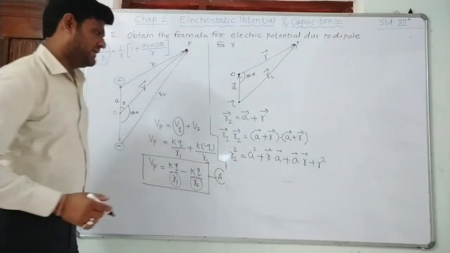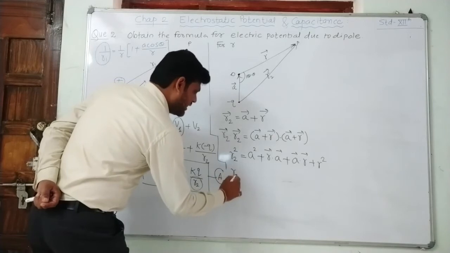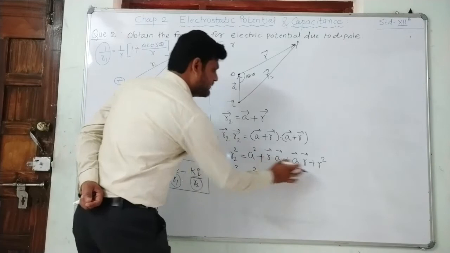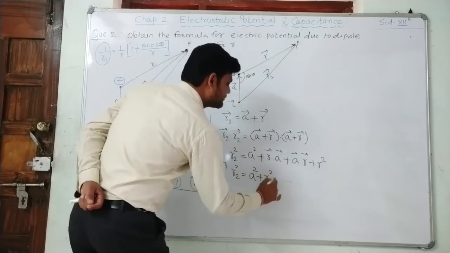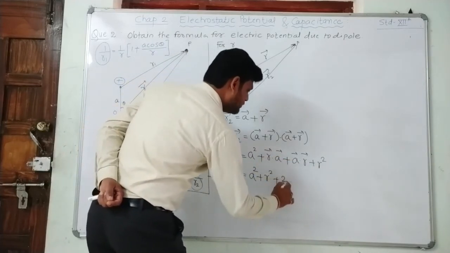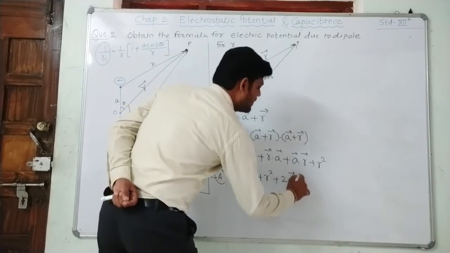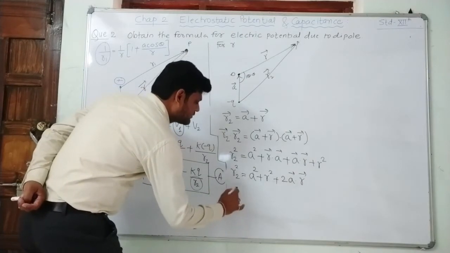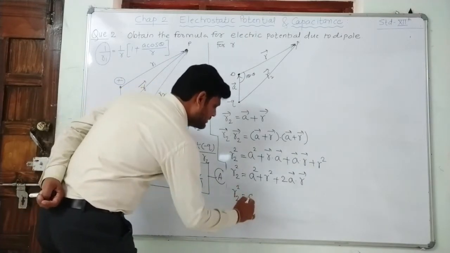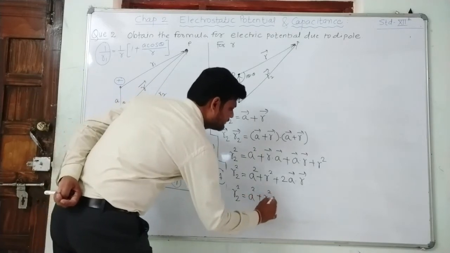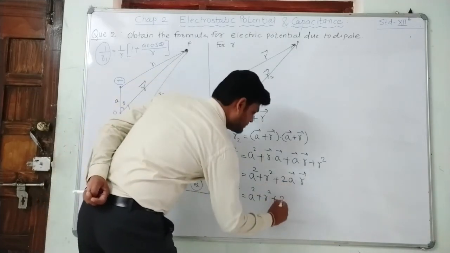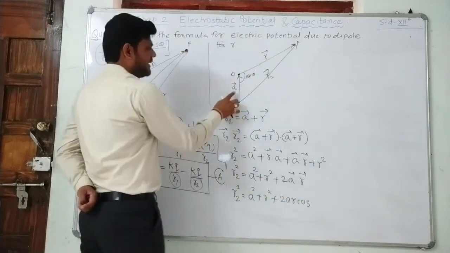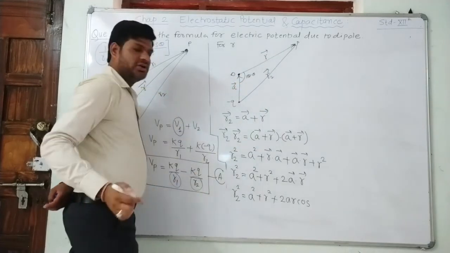Rearranging, r2 square equals a square plus r square plus 2 times a vector dot r vector. So r2 square equals a square plus r square plus 2 a r cos of the angle between a vector and r vector, and the angle between them is 180 minus theta.